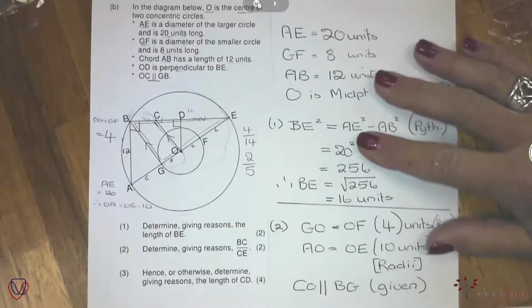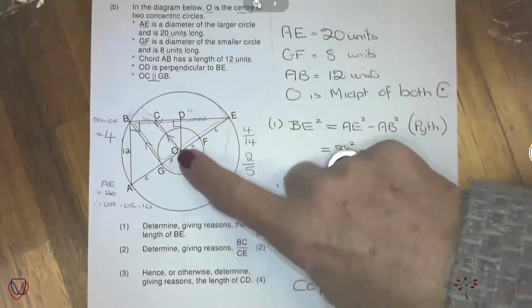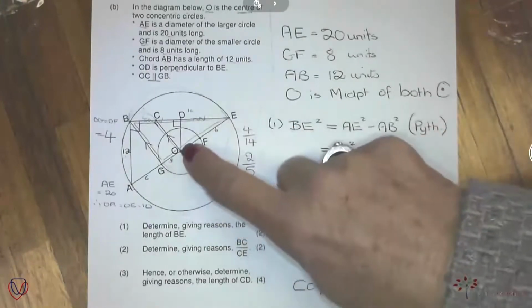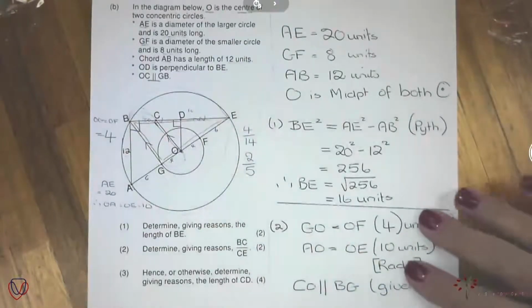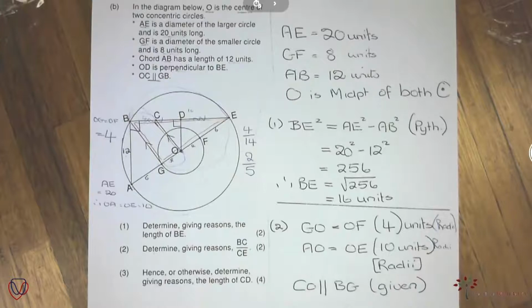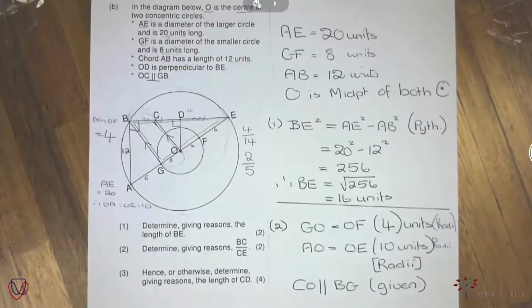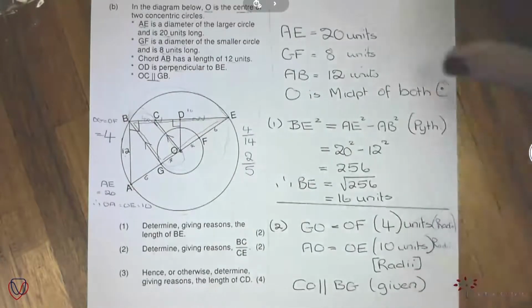Okay, and then I'm going to say it is 4 over 10, because GO over OE is 4 over 10, or you can say 2 over 5. So BC over CE will be 2 over 5 or 4 over 10. But normally, if it's a ratio, you simplify it. And then the ratio there is 2 over 5.